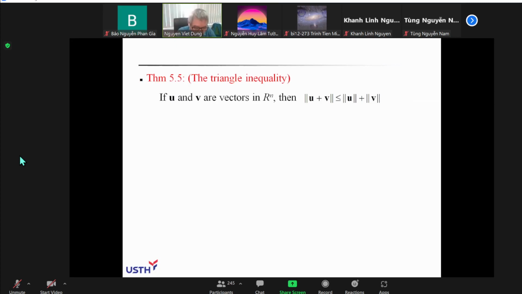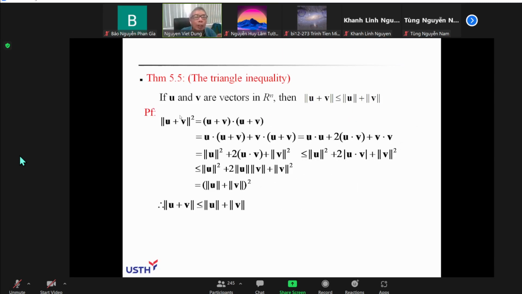That is the name, triangle inequality, in the high school. Ở phổ thông, cái đấy các bạn gọi là bất đẳng thức tam giác. Độ dài một cạnh bao giờ cũng nhỏ hơn tổng độ dài của hai cạnh kia. It is exactly that one, that inequality.